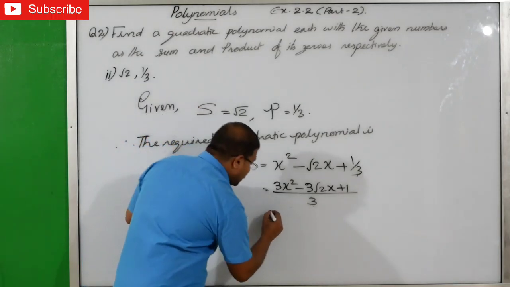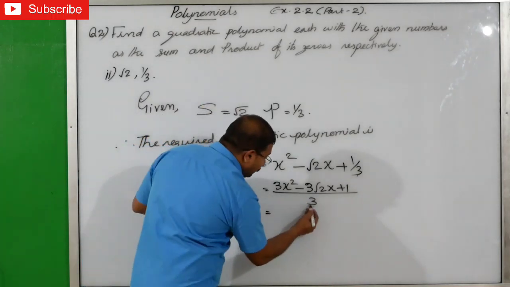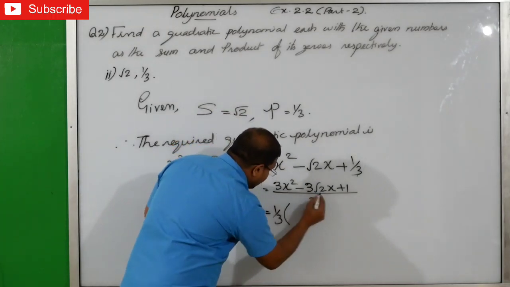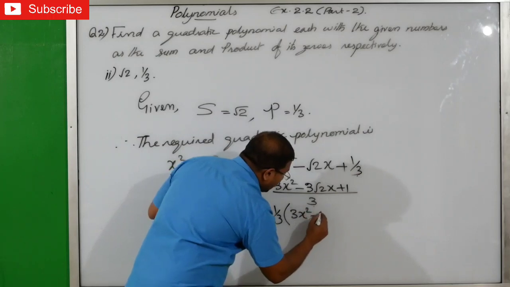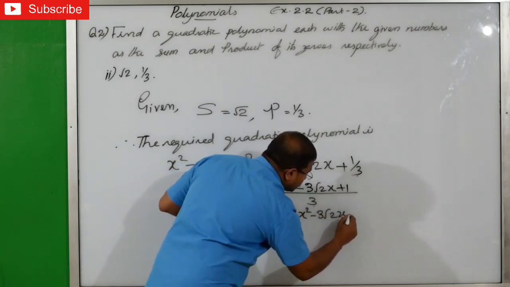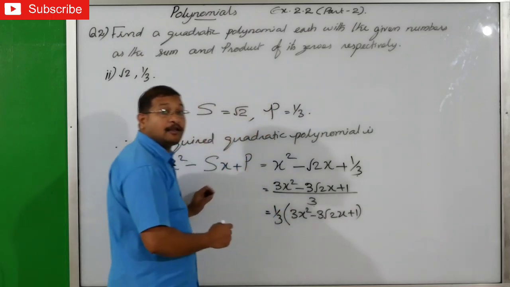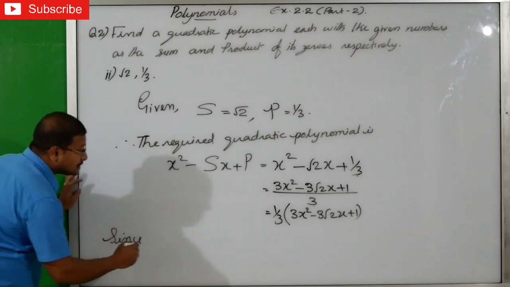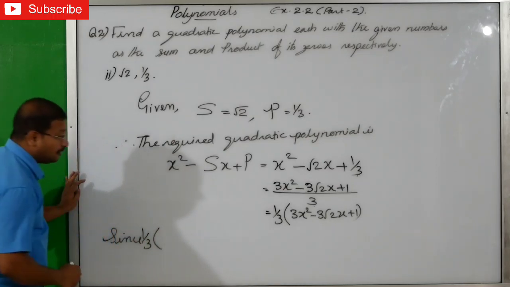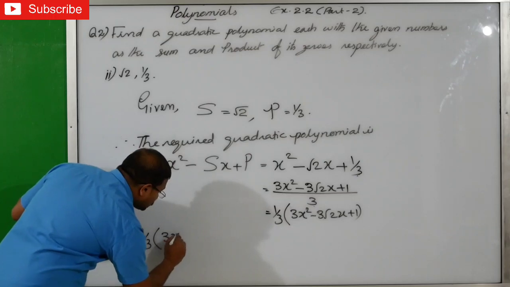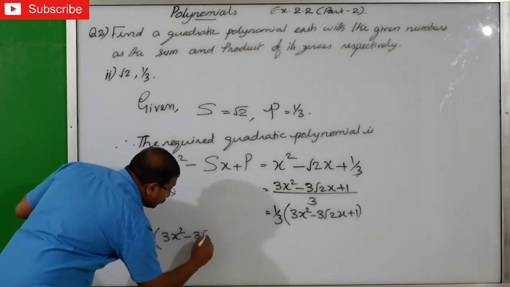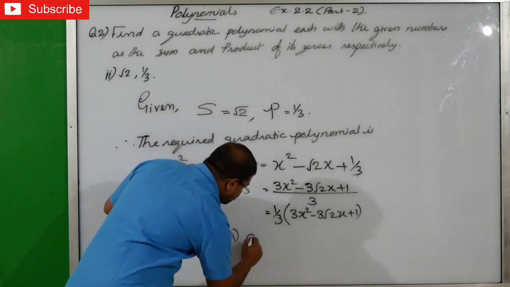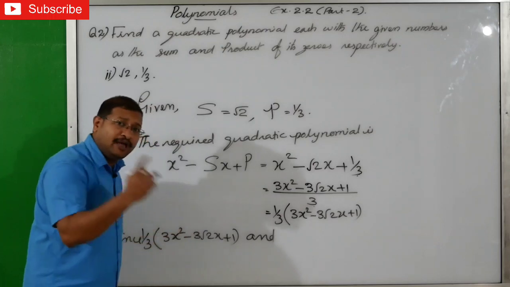Ready? This equals. Now what you'll do? We'll take 1 by 3 as common, because of the denominator, bracket, balance will write 3x square minus 3 root 2x plus 1. Ready? Now what you can write? Since 1 by 3 into 3x square minus 3 root 2x plus 1, why we are writing this?